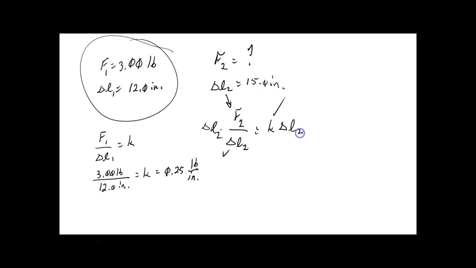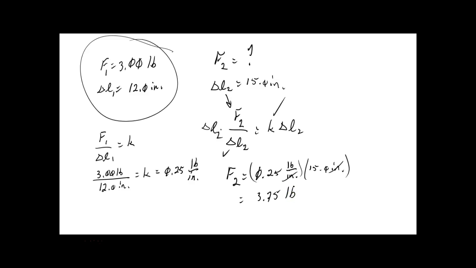Delta L2. Okay? So now you got F2, the new force, is equal to your spring constant, 0.25 pounds per inch times delta L of 15.0 inches. The inches cancel out, and that gives you a force in that. And a quarter of 15, I think, is going to be 3.75 pounds.